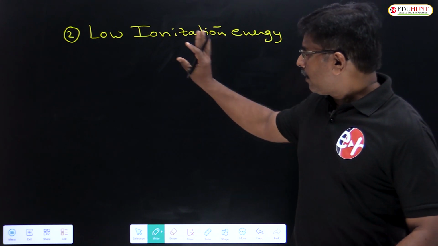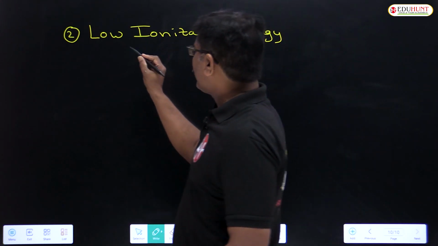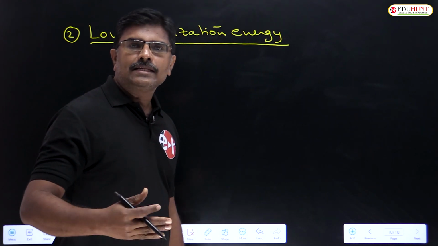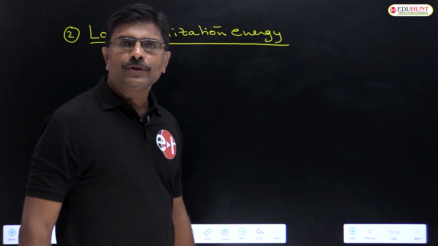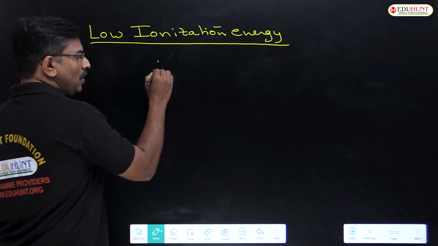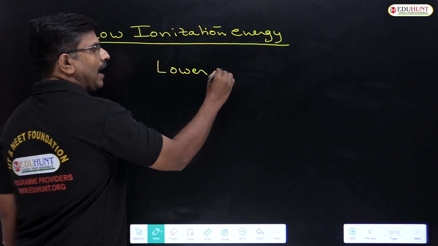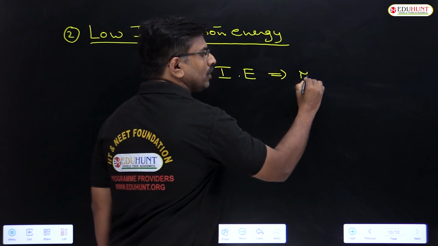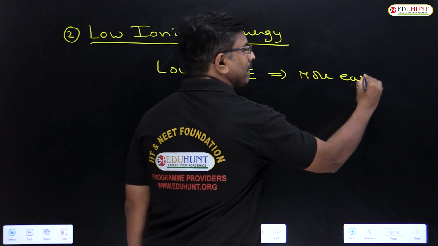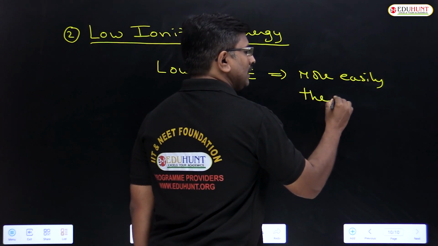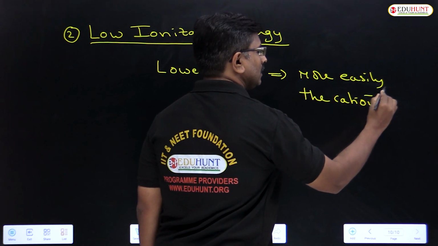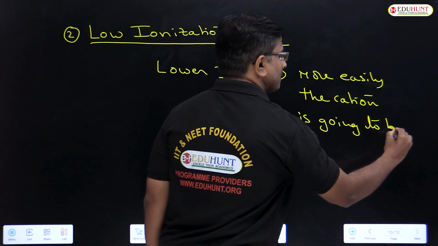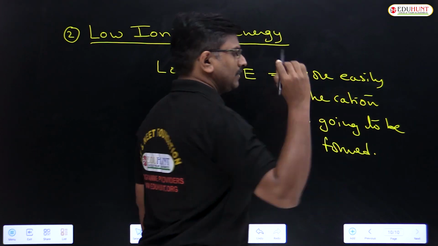Now, considering our particular point, low ionization energy: the lower the ionization energy, the more easily the cation is going to be formed. Simple.